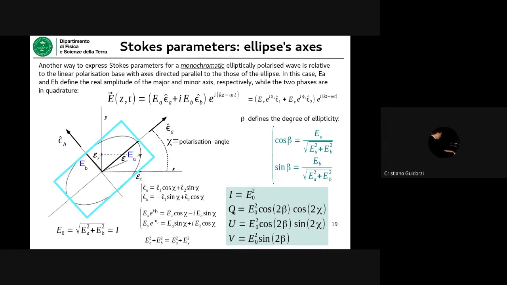Q was defined as Ex squared minus Ey squared. So you take Ex squared minus Ey squared, and you end up with E0 squared, cosine squared minus sine squared, which is cosine of the double angle. If you remember these trigonometric identities, you immediately come up with all of the four parameters.